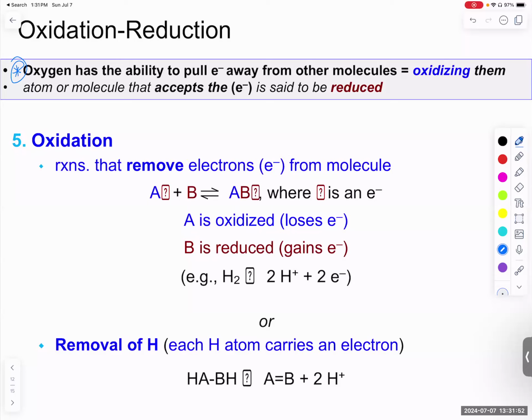But anything can be oxidized if it's losing electrons and protons. So oxidation is any reaction that removes electrons from a molecule, or removes hydrogen, which carries an electron.